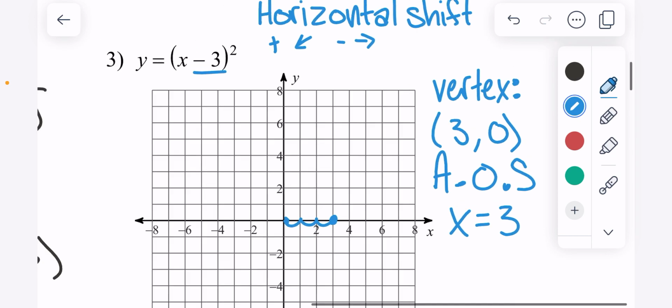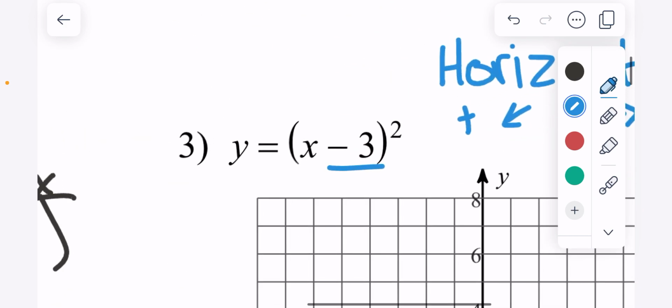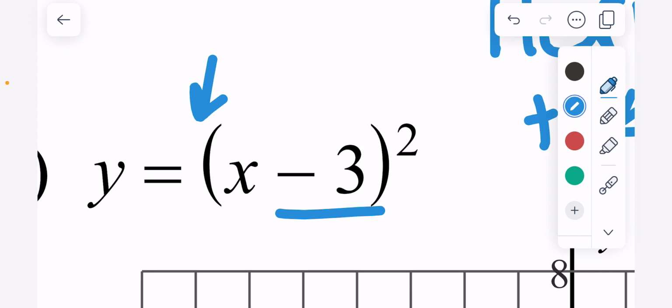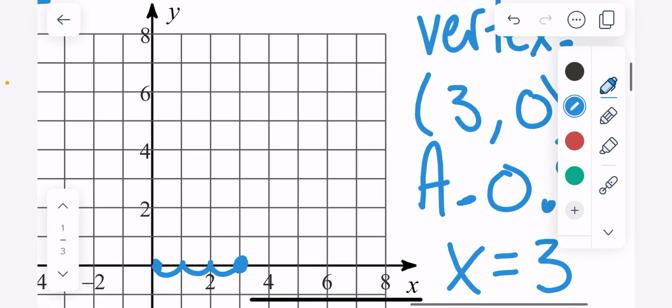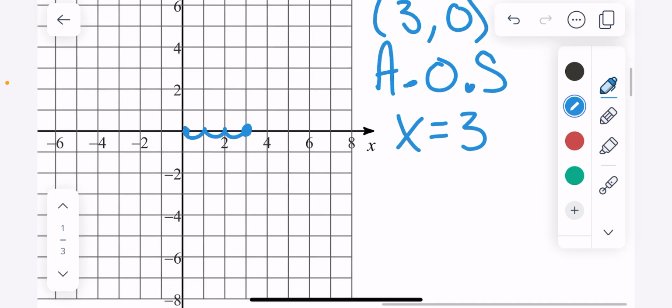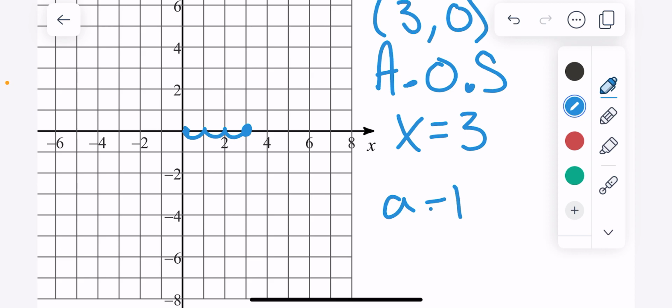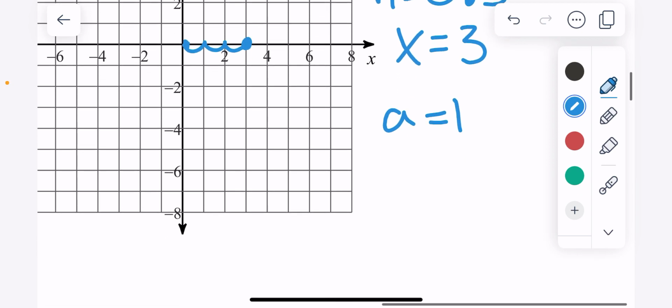In this case, the a would be in front of the parentheses here, and since there is nothing in front of the parentheses, a is just 1. So once again, we'll take 1, 3 and multiply it by 1. That just gives me 1, 3 again.